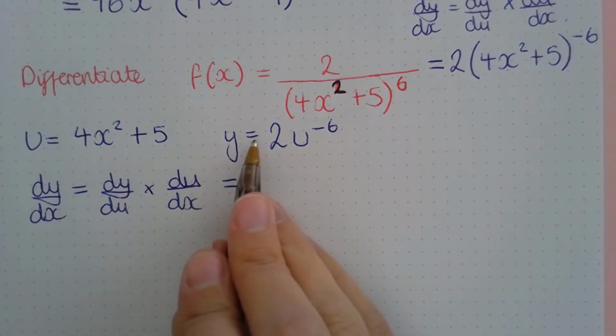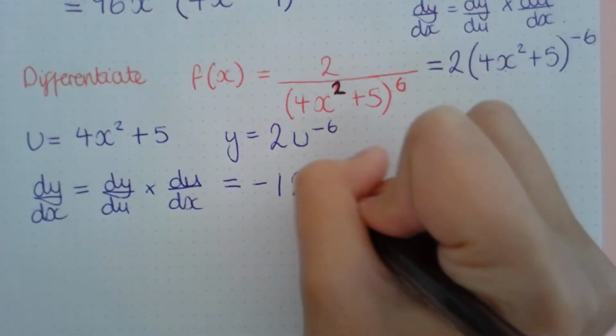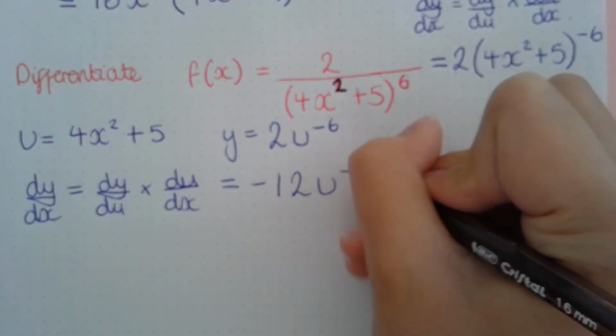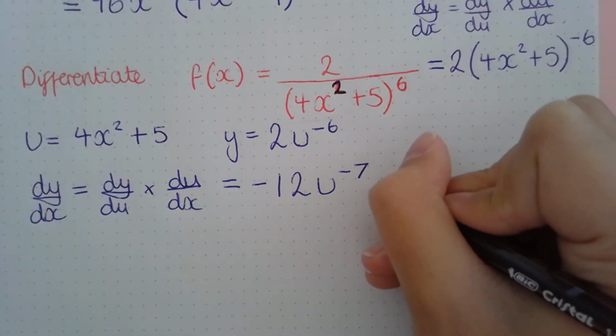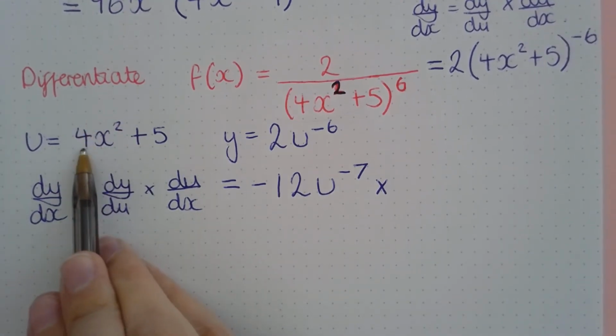So differentiate my y with respect to u, I get negative 12u to the power of negative 7, times my differential of u with respect to x, so I would get 8x.